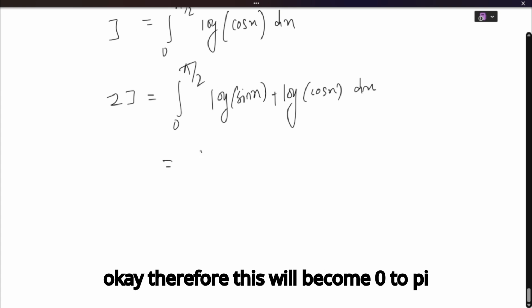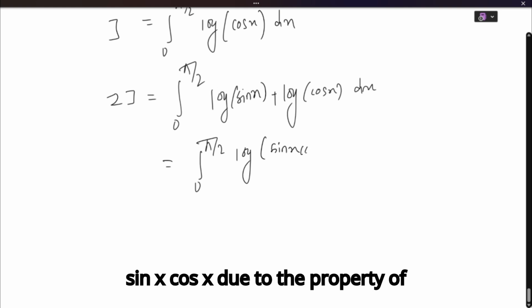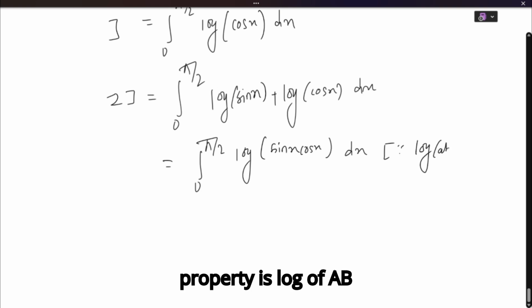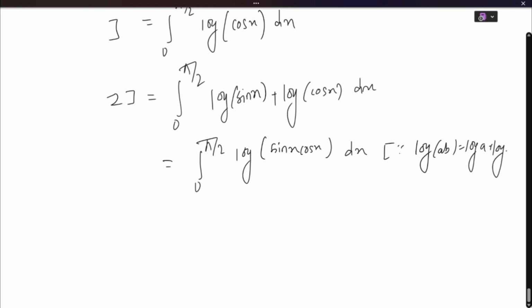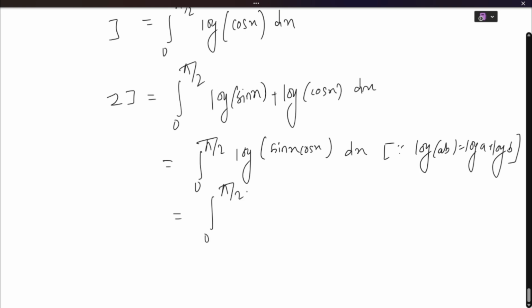Okay, therefore, this would become 0 to pi by 2 log of sin x cos x due to the property of logs. For reference, the property is log of AB simply can be written as log A plus log B. Great. Again, recall the formula that sine 2x is 2 sin x cos x.